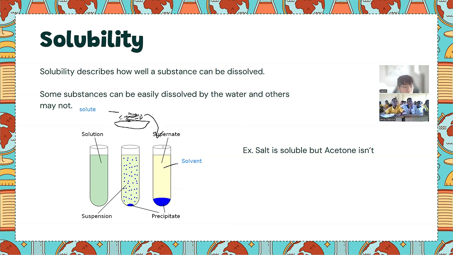Things we put in the liquid are called solutes, and the liquid itself is the solvent. And if we put the solute in the solvent, and the solute sinks down and forms this precipitate at the bottom of the solvent, then it is not soluble.